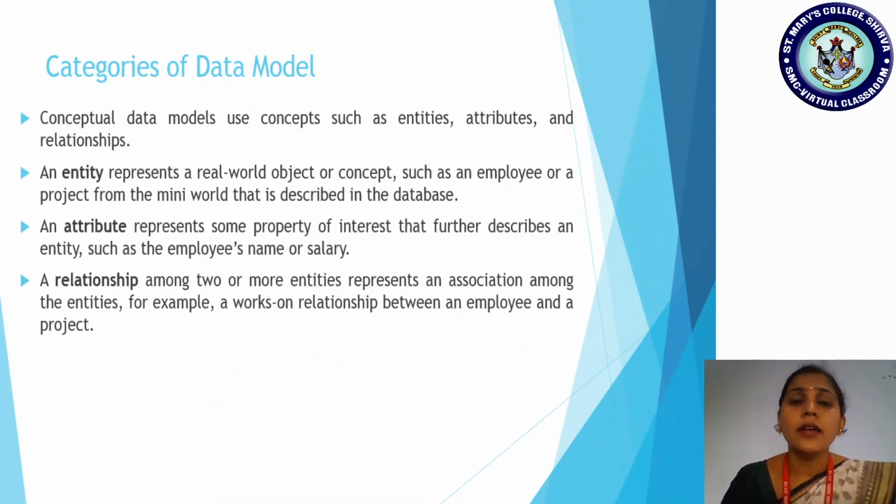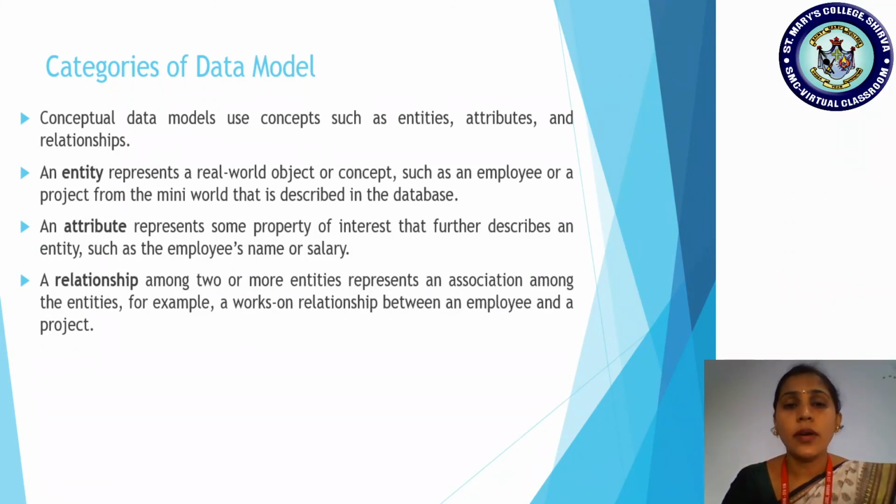Similarly, in an organization, employees will be working, and the organization will be working on certain projects. Those projects are handled by whom? By that organization's employees, right? Project members are nothing but the employees. So which employees are working on that particular project? There is a relationship between an employee and a project.